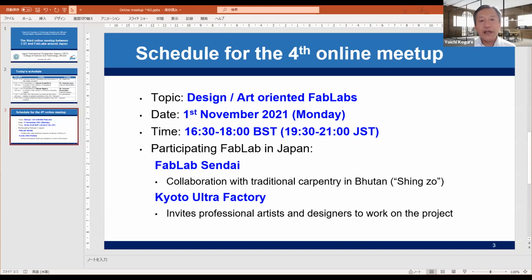Yes. Okay. So the next topic will be design or art-oriented FabLabs. As you know, designers and artists are a major part of the users of the FabLab. So we picked two FabLabs that are more oriented to designers and artists. One is FabLab Sendai, and I heard that they have some projects or collaboration with a traditional carpentry in Bhutan called Shinzo.